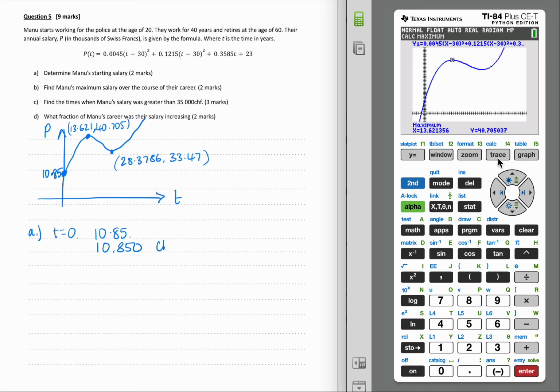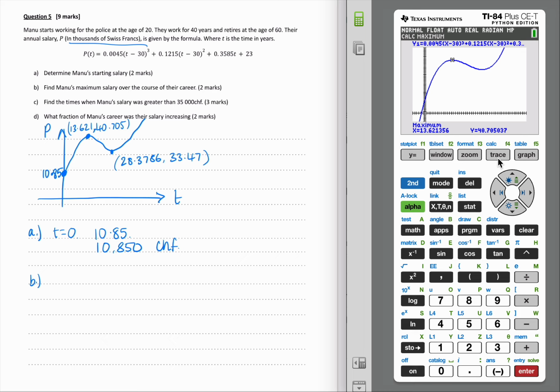And that would be his starting salary. Please don't leave it as 10.85 because it does tell us in the question that it's in thousands of Swiss francs. And then for part B, this asks us to find the maximum salary over the course of his career.